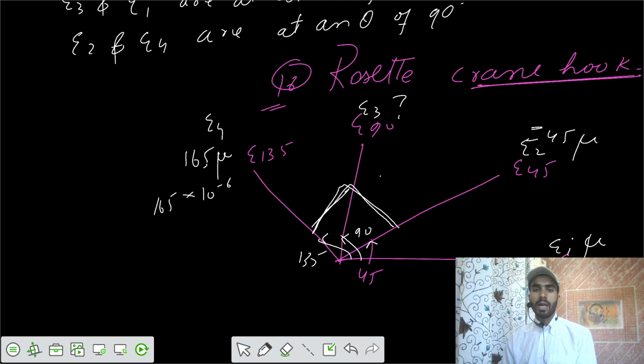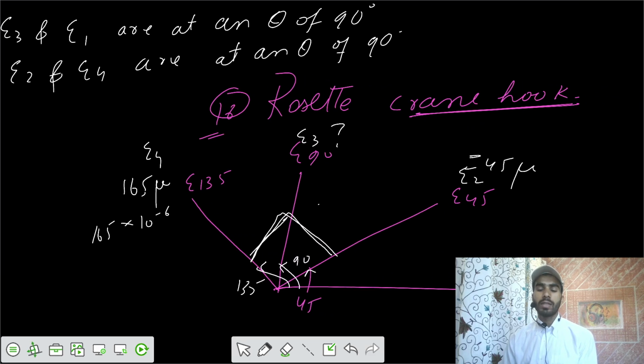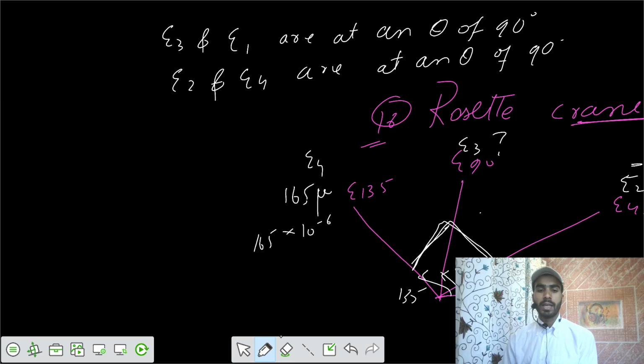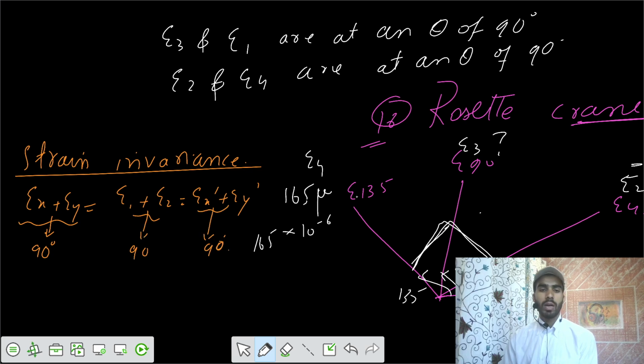I need the normal strain in that 90 direction. I know the strains in the other three directions, so I use the concept of strain invariance. Ex plus Ey equals Ex dash plus Ey dash, as long as the two are at an angle of 90 degrees.